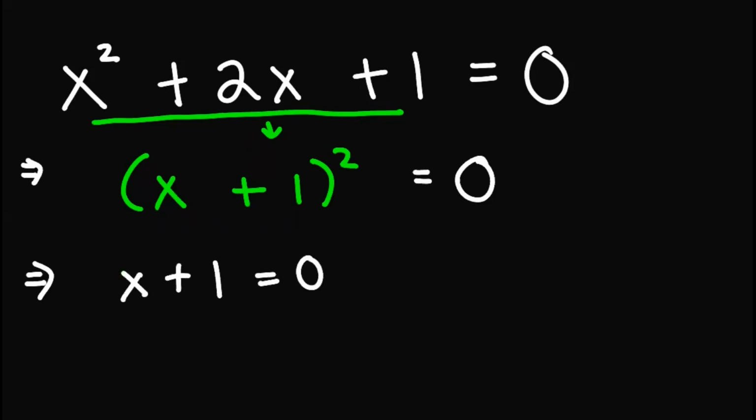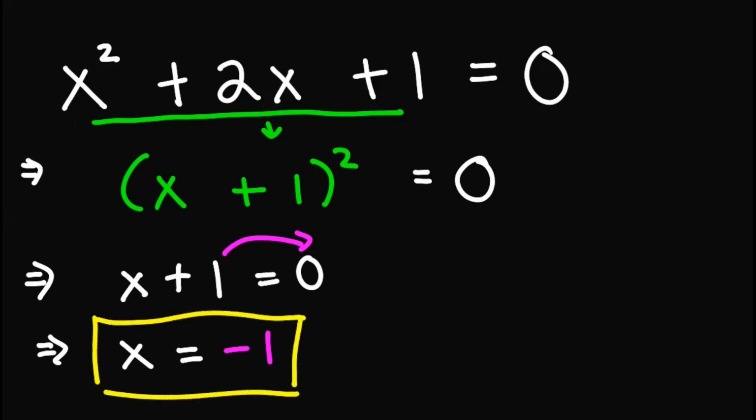From here, it's just a simple linear equation. So we move 1 to the other side to obtain x equals, remember, when we move a term to the other side of the equation, we change its sign. So this becomes negative 1. And this is our final answer.